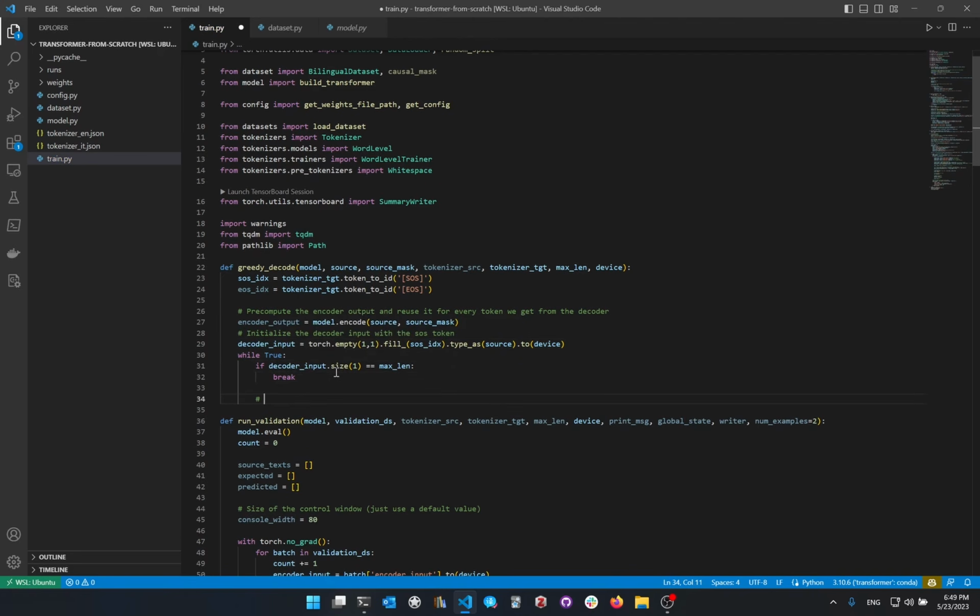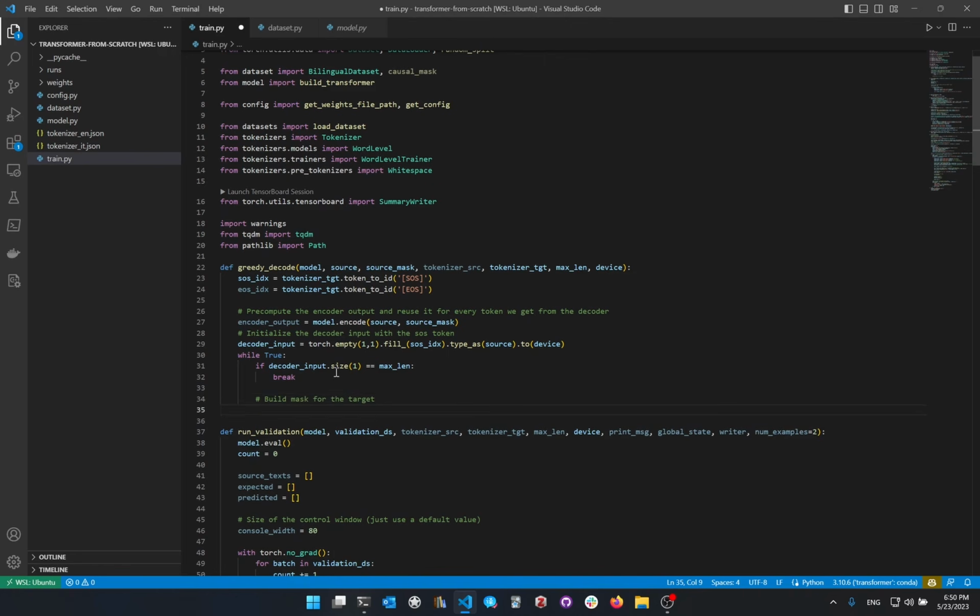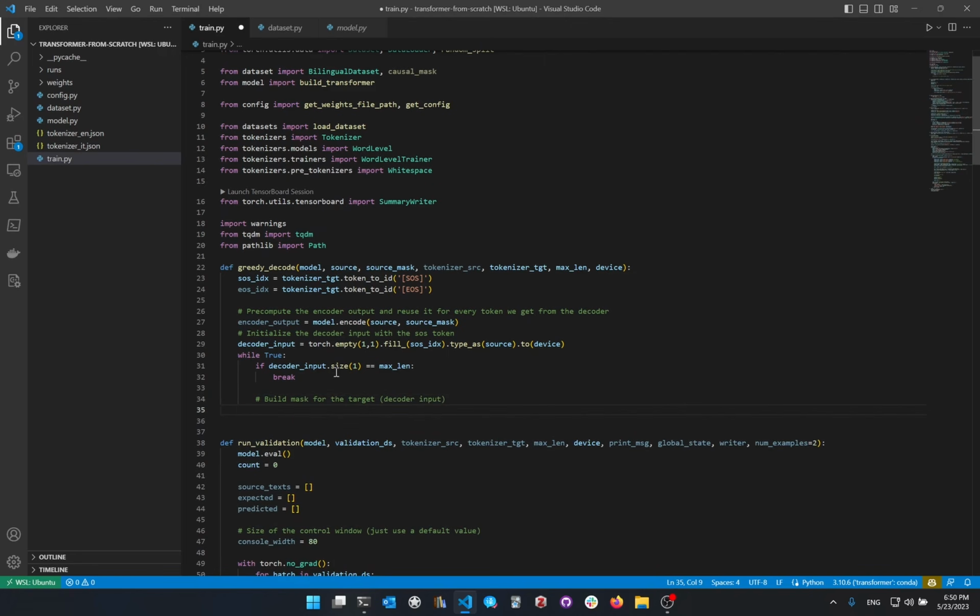Now we also need to create a mask for this. We can use our function causal mask to say that we don't want the input to watch future words.